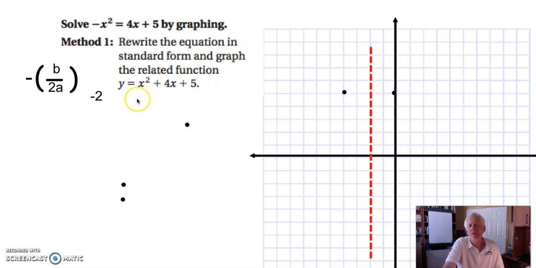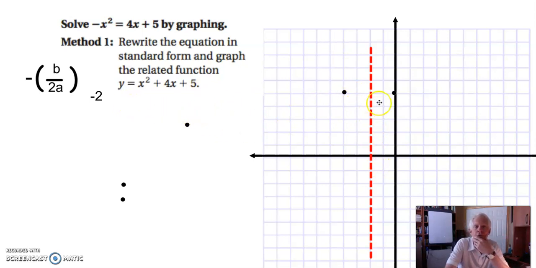Now looking at this, I'm starting to wonder if I have two points here, my parabola opens upward, there's a good chance of there being no solution. Because if this vertex is up here somewhere, there's no solution. So let's take a look.